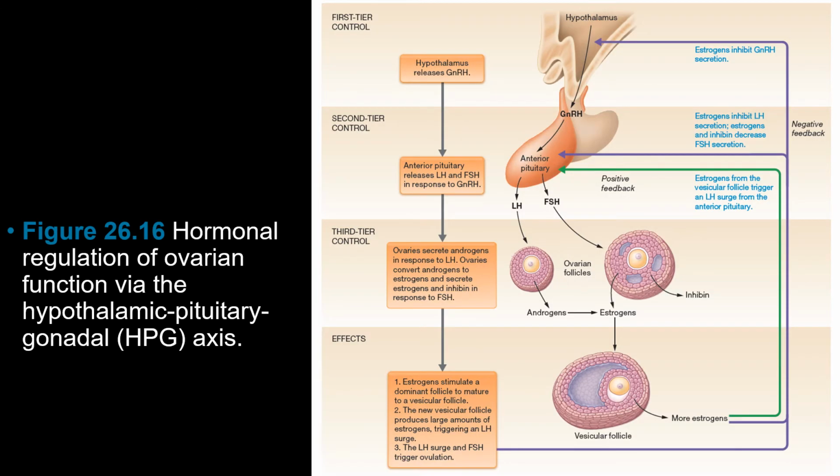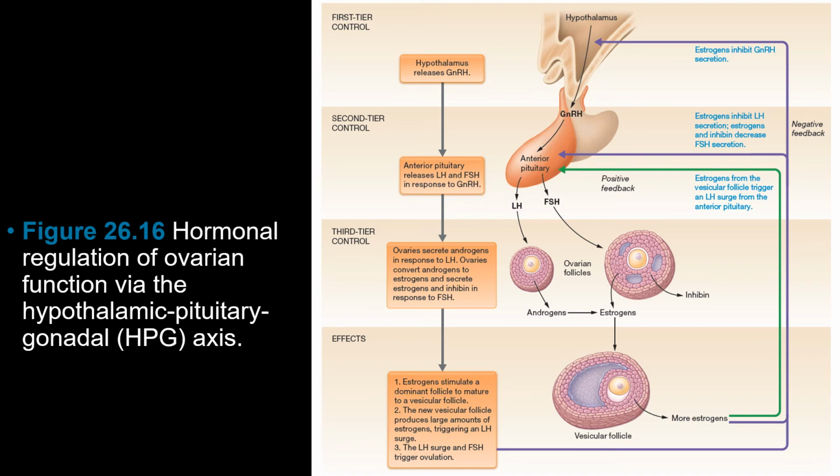And here's that HPG axis, where the hypothalamus releases gonadotropin-releasing hormone, which acts on the anterior pituitary to release luteinizing hormone and follicle-stimulating hormone. The ovaries then secrete androgens in response to luteinizing hormone, and the ovaries themselves convert these androgens into estrogens, and they secrete the estrogens and inhibin in response to follicle-stimulating hormone.